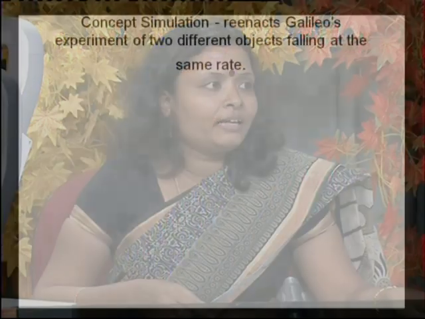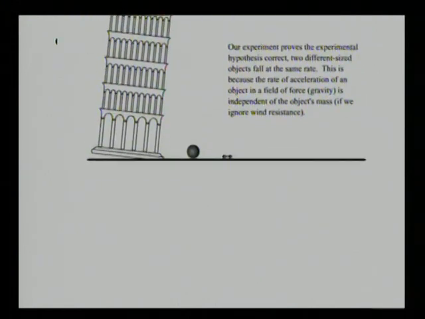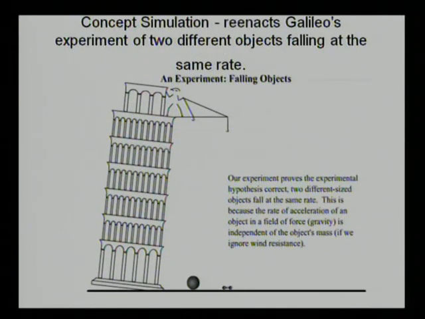Let us go to the next slide. If you see here, you will find that there is a concept of simulation. Simulation means artificial setting, how you make the things live in an artificial setting. This is the same experiment taken, that both, as I told you earlier also, both the objects are falling at the same range, but you have to look at how they are falling, in a balanced form or in an imbalanced form.